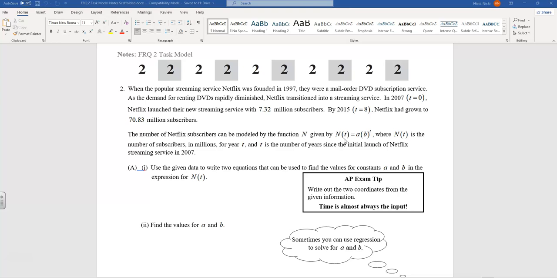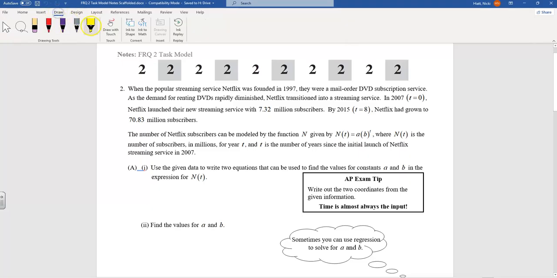Now, what's going to change about this from question to question is this form right here. He has asked us to do basically a straight exponential on this one, right? It's just a regular exponential problem. It may not be an exponential. It can be a polynomial, so it could be like a quadratic. It could be some type of log regression.